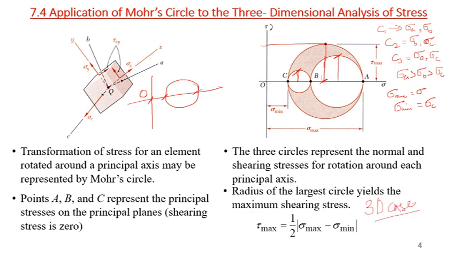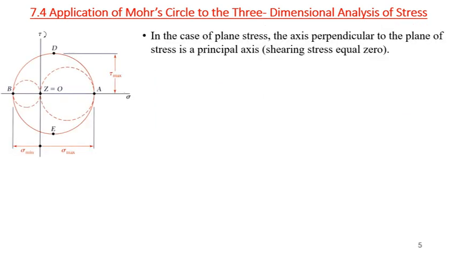And how do we use this 3D case for our plane stress problem, because in this course we are restricted to plane stress, that is the 2D case. Okay, now let's see. In the case of plane stress, the maximum and minimum stresses are the principal stresses.